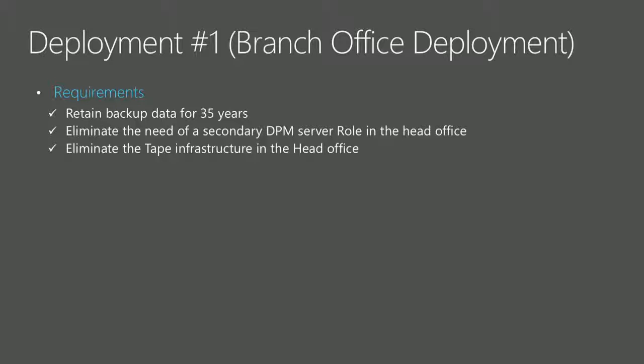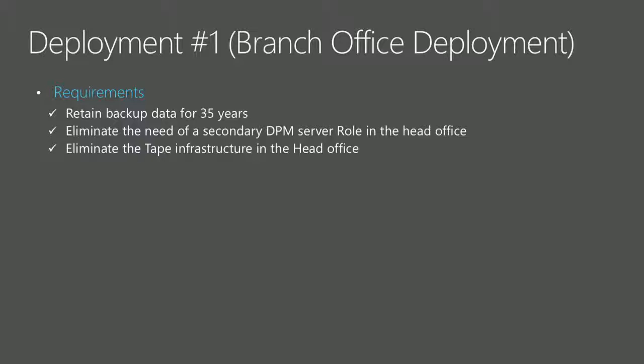So our first deployment was a big company with between 20 and 25 branch offices, and they have a head office. The typical deployment was, in each branch office, I have a primary DPM, and for each primary DPM, I have a secondary DPM in the head office. They do DPM replication, and they need backup to tape.